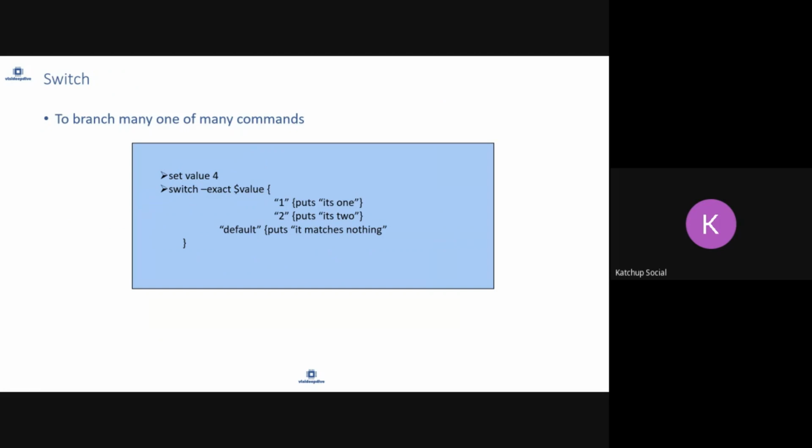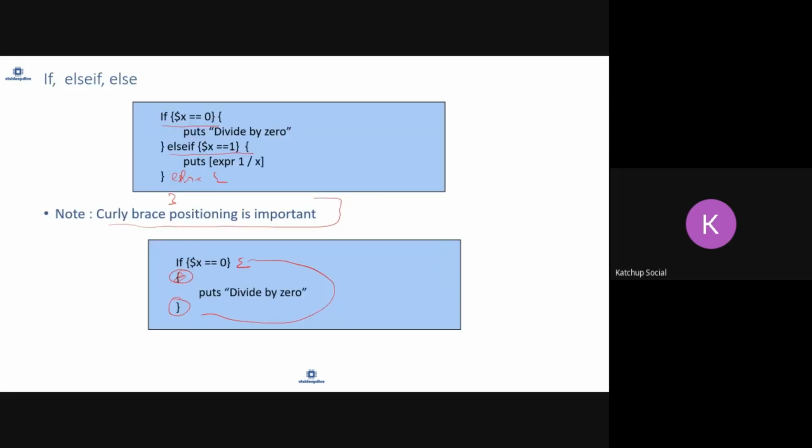Now switch. What is the switch command? If you're familiar with some languages, it's called case. Let's say there are so many cases. When x is equal to 0, you want to do something.